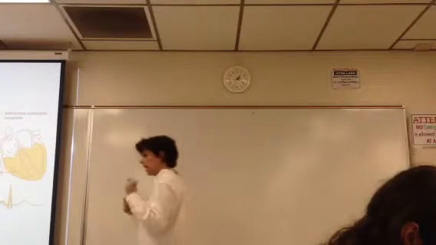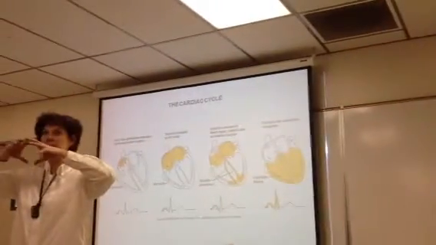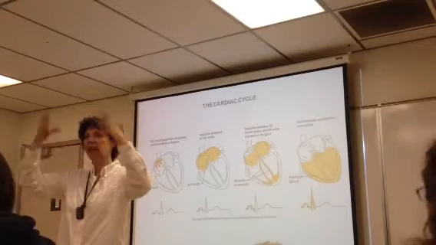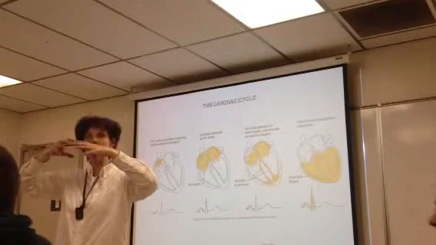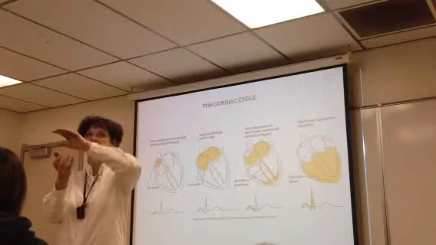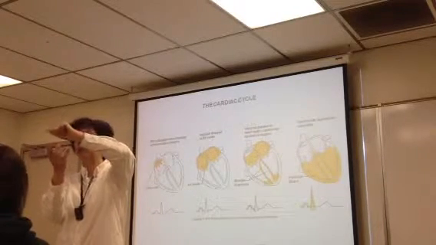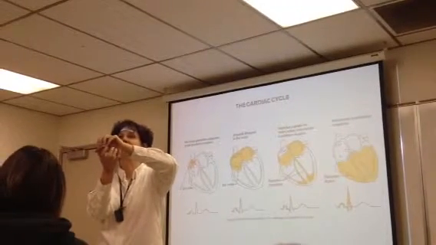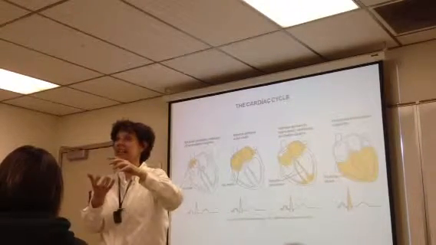So when we were talking back to heart anatomy, and we were talking about the atria, blood flows into the atria. At the same time, the AV valves are open. Blood continues flowing through the atria, through the AV valves, into the ventricles. Then both atria contract, and then both ventricles contract, and then the heart relaxes. That's one cardiac cycle.